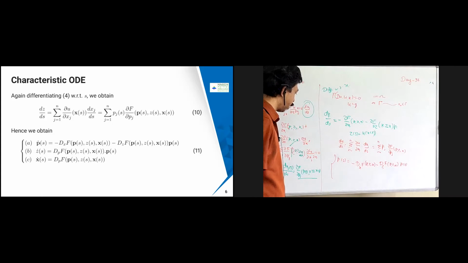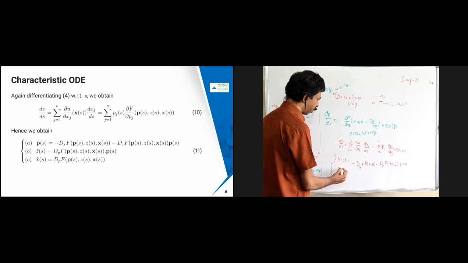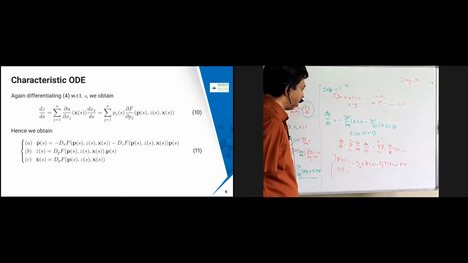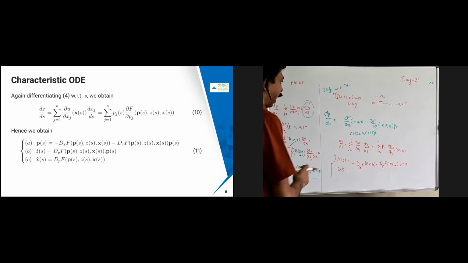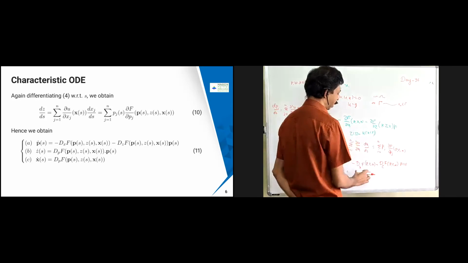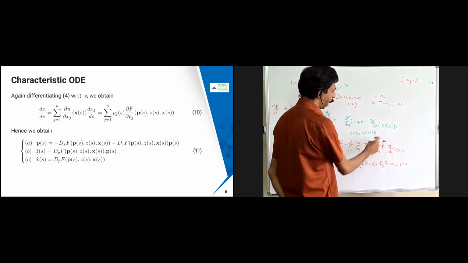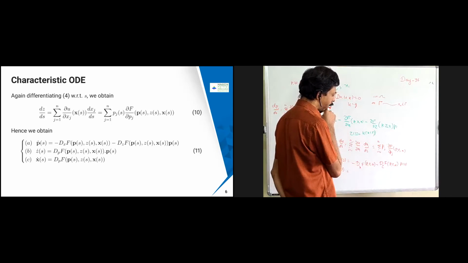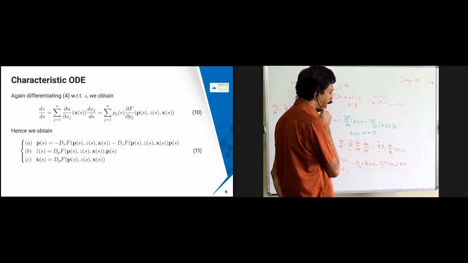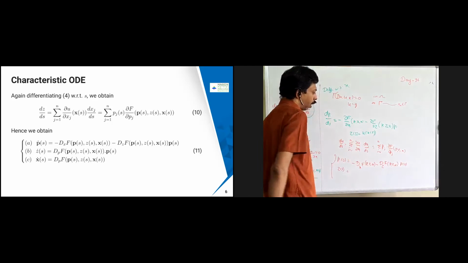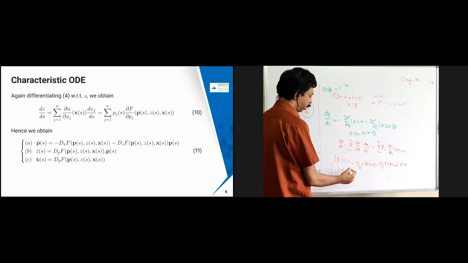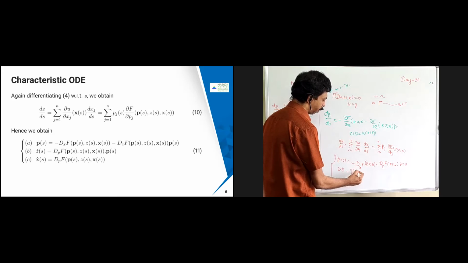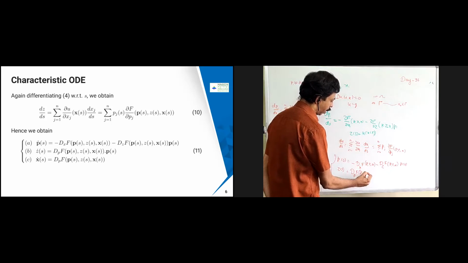Then I have another condition, z of s, which is going to become p into dp of f of p comma z comma x.